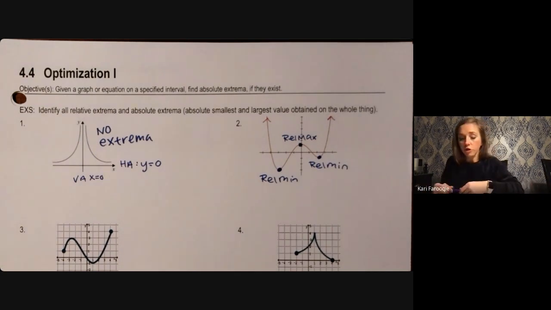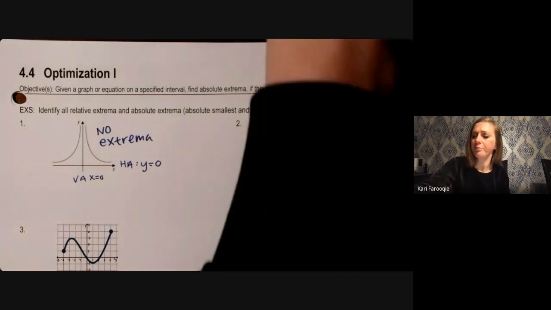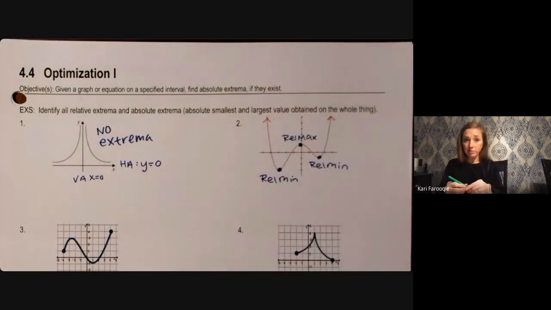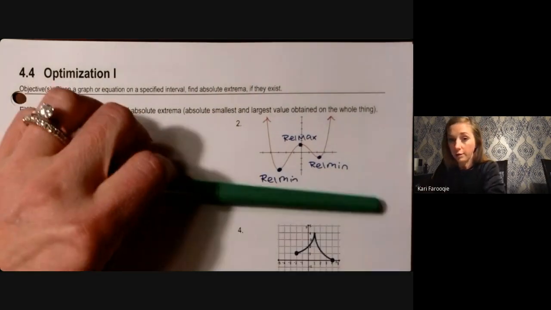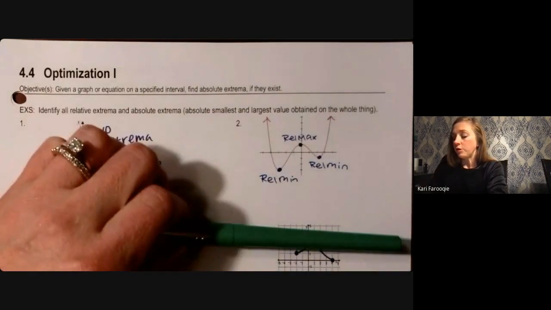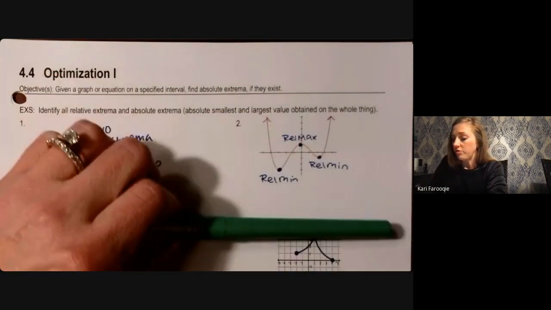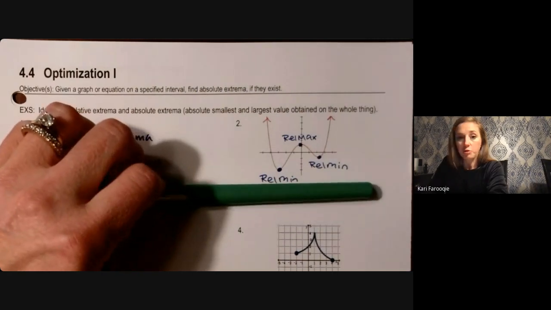If I'm looking for an absolute minimum, I'm looking at the absolute smallest value that the graph can possibly attain. I tend to scan my graph from bottom to top, and I'm seeing what is the absolute lowest point on this graph.